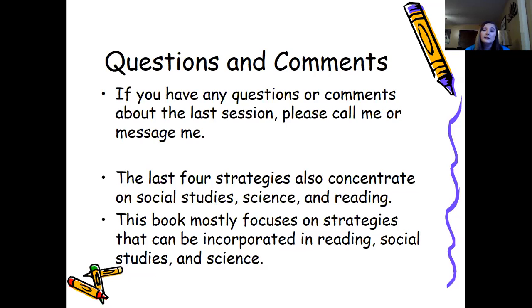But also, not only does it talk about social studies and reading and science, it also discusses how you can include art, which is a content area as well. So you could also include that. You can include your art teacher, and you can also include Title I in this. I just think this book and these lessons are a great way for collaboration among our grade level, among other grade levels, and other teachers.